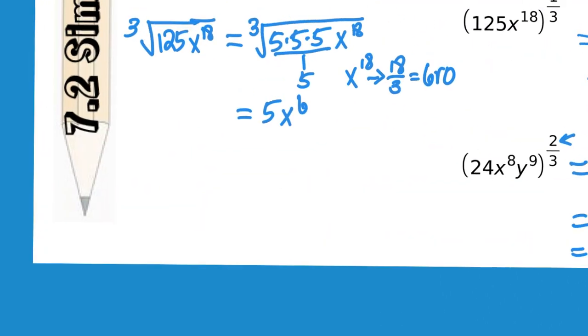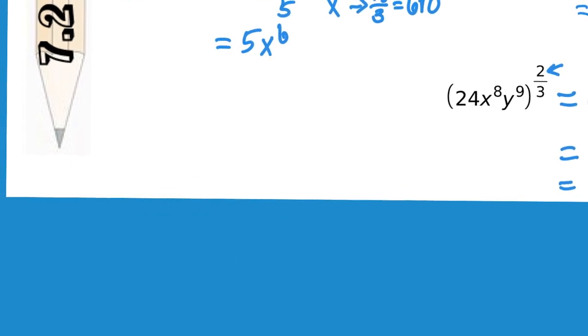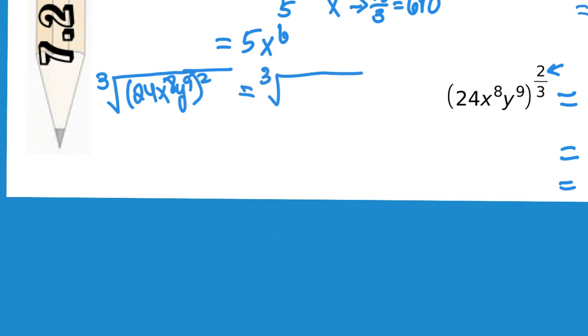Okay, so now let's go over here and let's rewrite it. So now I have the cube root of 24x to the 8th, y to the 9th, and it's all being squared. So if we're going to do this, we would do 24 times 24. That's squaring it, right?